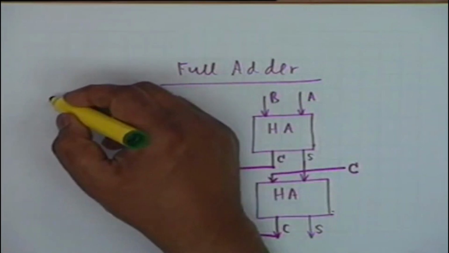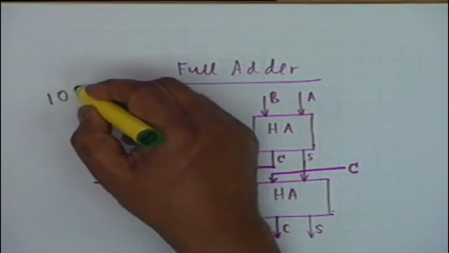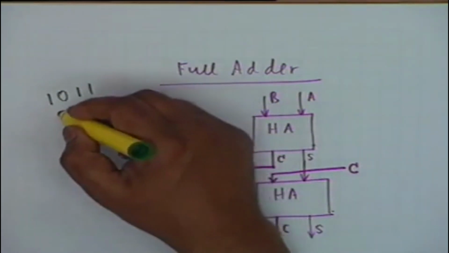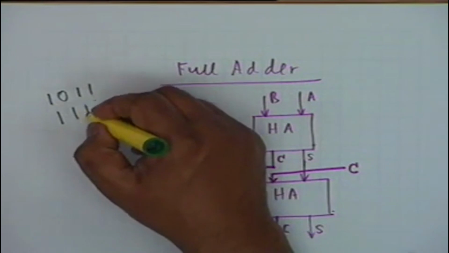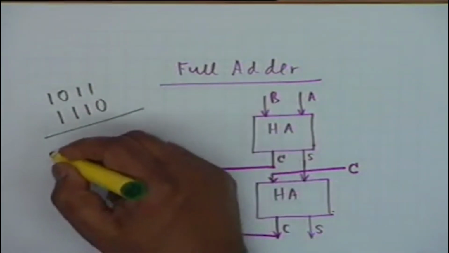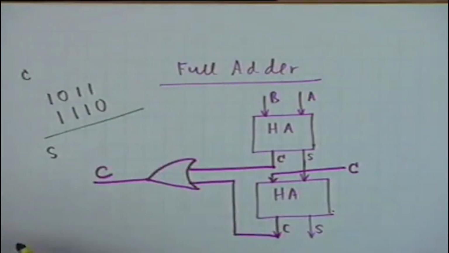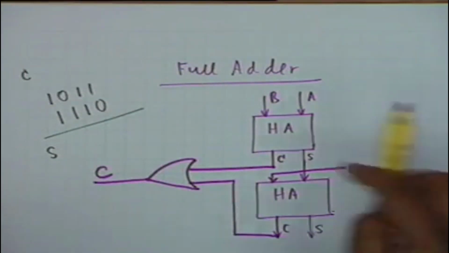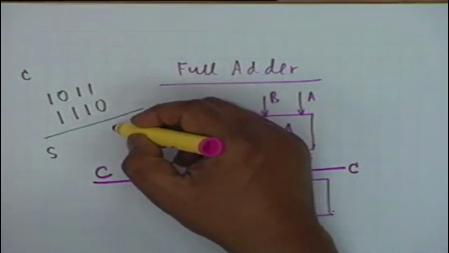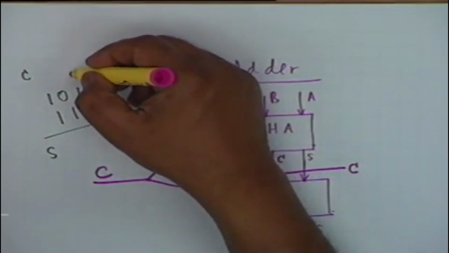Let me take two numbers, 1 0 1 1 and 1 1 1 0. We represent the sum here and the carry here. 1 and 0, the sum is 1 and the carry is 0.